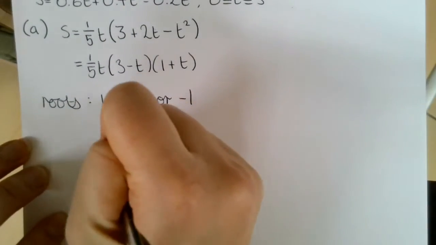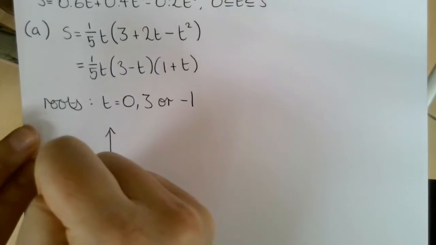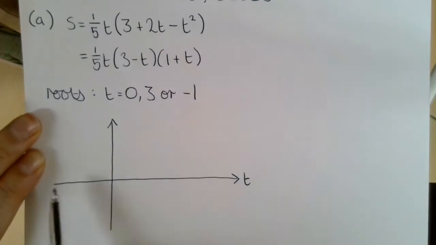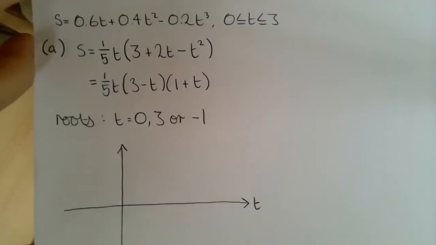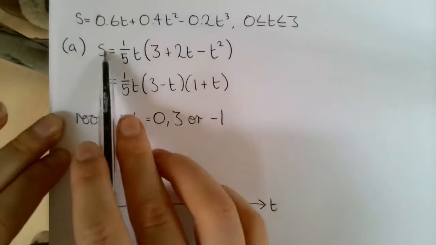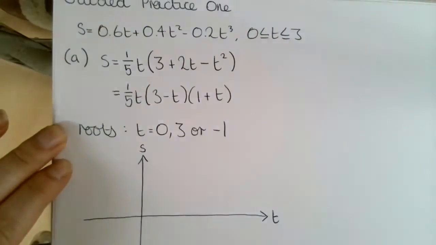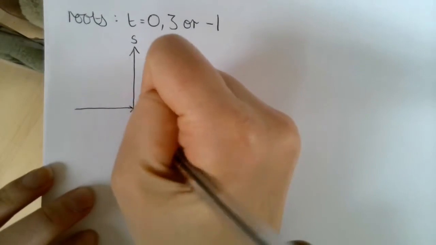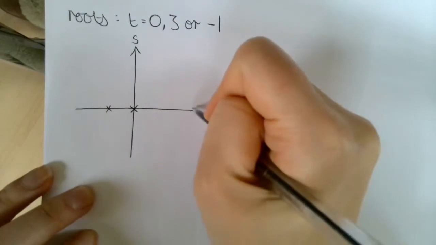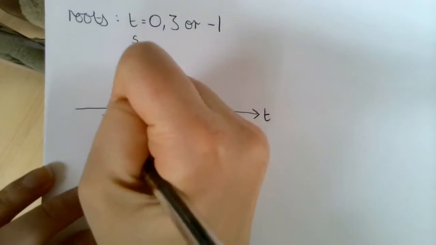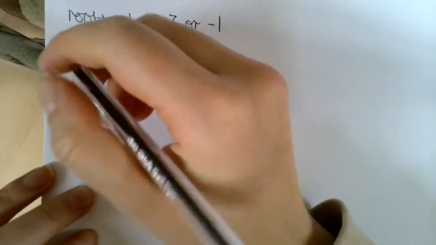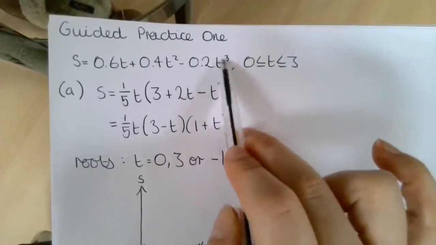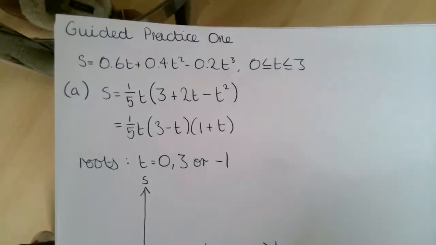So if we were to draw a sketch of our cubic, we've got our t values as the horizontal axis, and our s values, that's our vertical axis, our y-axis. We've got roots at 0, minus 1 and 3. It's a negative cubic because our t cubed coefficient is negative.